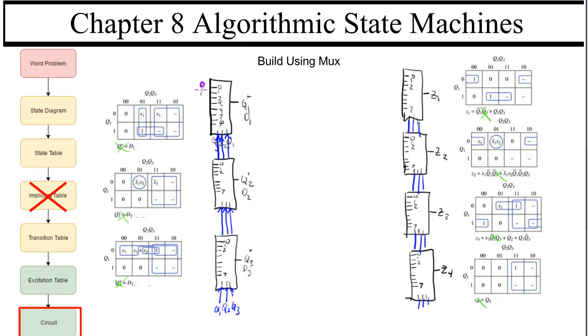0, x, 1, dash, x3, 0, 1, dash, dash. 0, x1 bar x2. So that's going to be an AND, or excuse me, an AND gate.